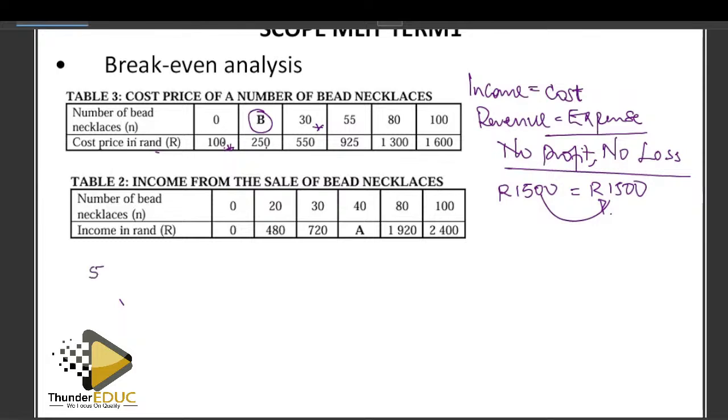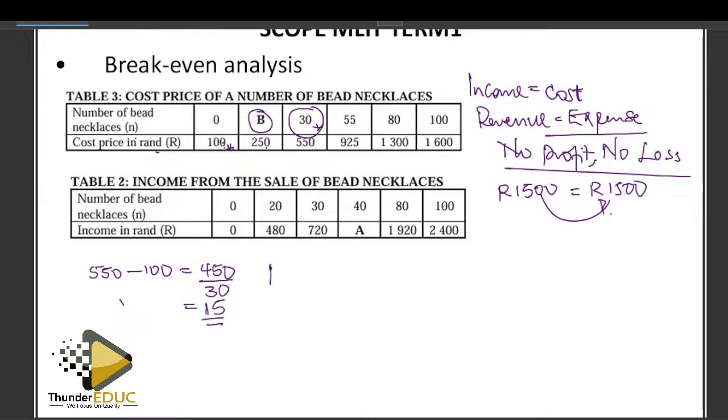Of the 550, I remove the constant 100, giving me 450. This 450 came from the number of necklaces, so I need to divide by 30. I'm looking for cost per necklace. It gives me 15, so each necklace costs me 15.